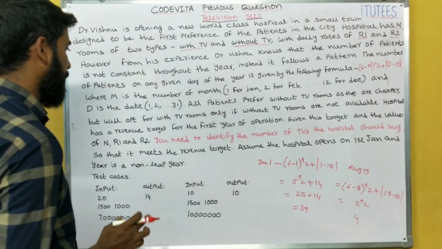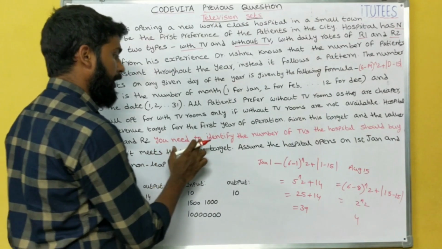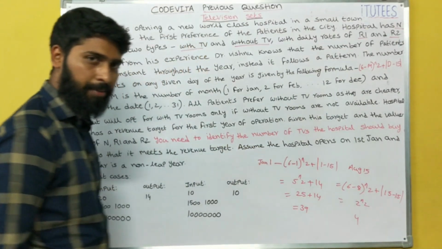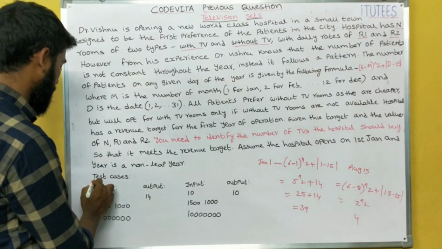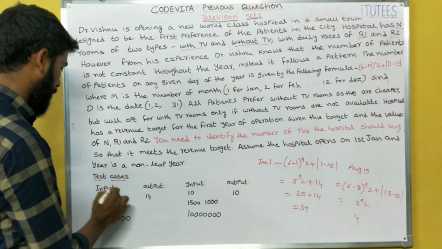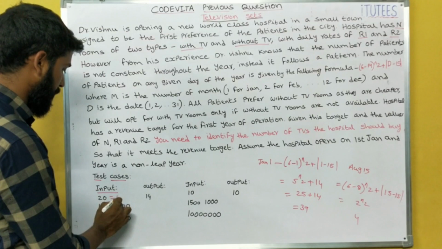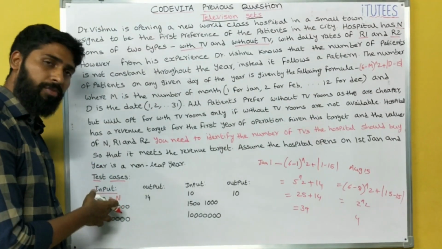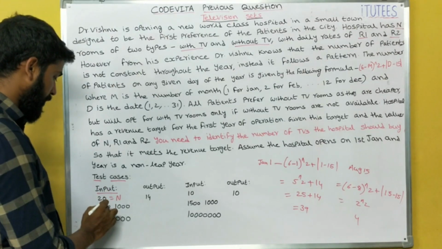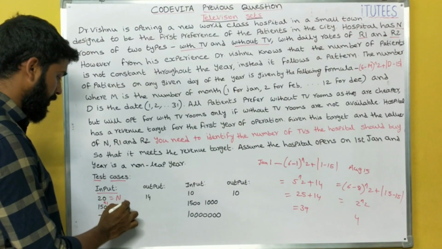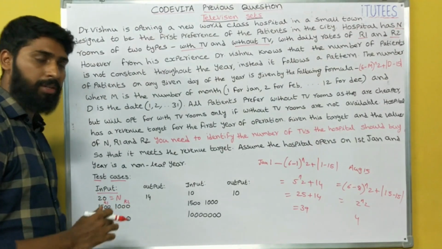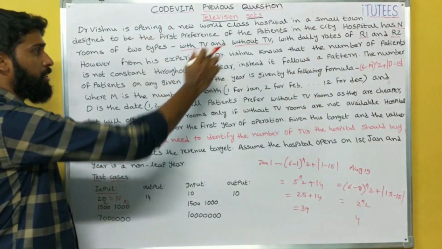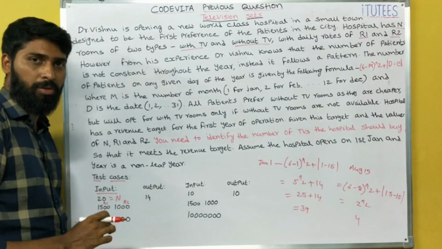You need to identify the number of TVs the hospital should buy. We discuss with one test case. This 20 is n, that means the number of rooms: 20 rooms. This is R1 and this is R2. The cost of a TV room is 1500, the cost of a without TV room is 1000.